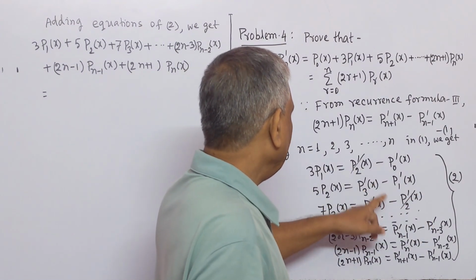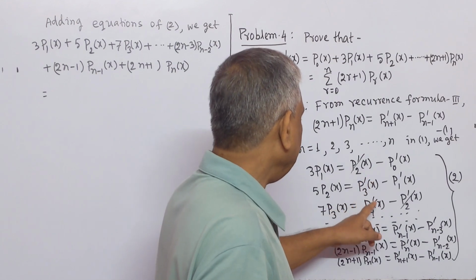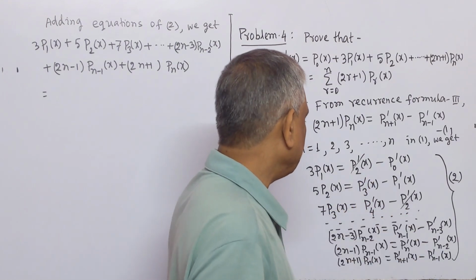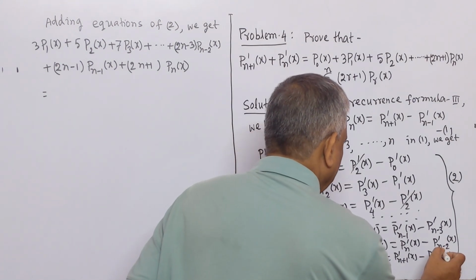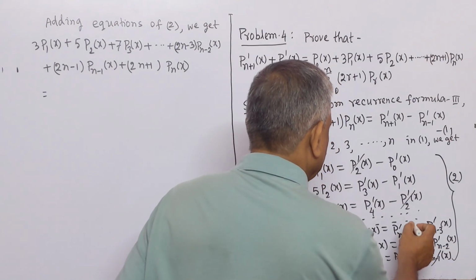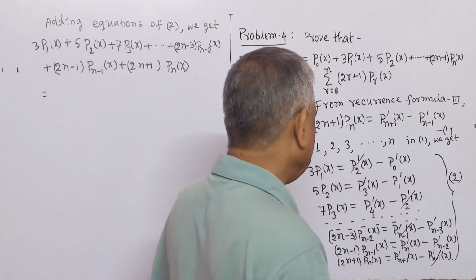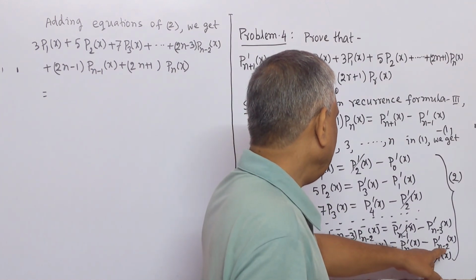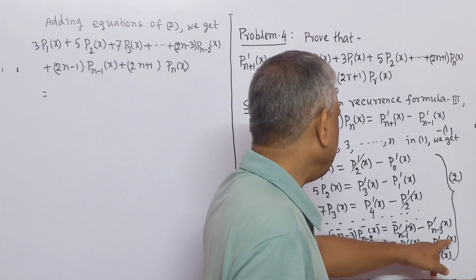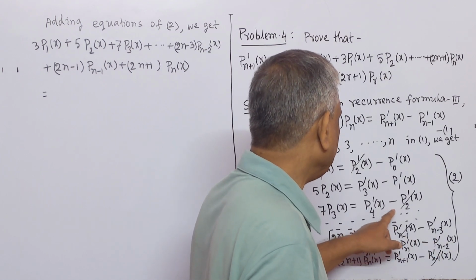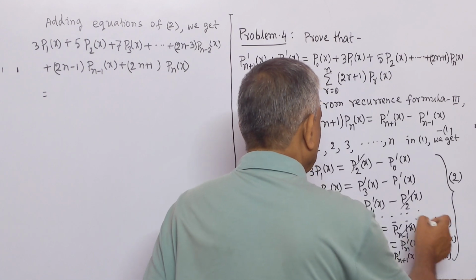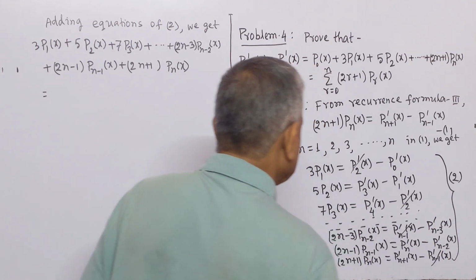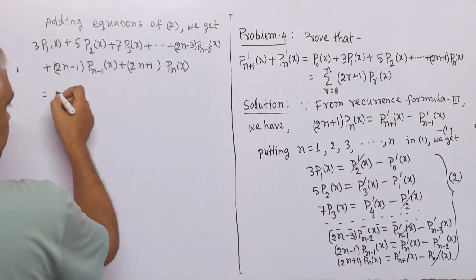Similarly, P_3'(x) and P_3'(x) will be cancelled. Here the last term P_{n-1}'(x), P_{n-1}'(x). Similarly, P_{n-2}'(x) and P_{n-2}'(x) will also be cancelled, and this term will also be cancelled.